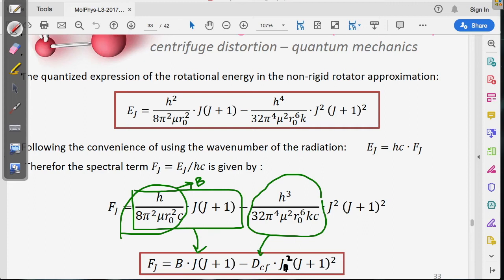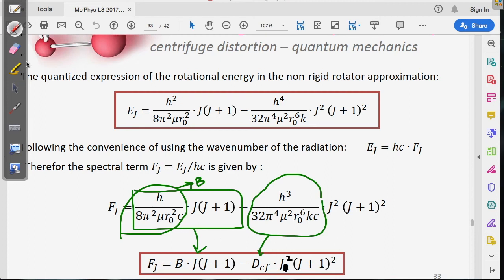So things happen as if, when we take into consideration the non-rigid rotator model, the values that we've calculated before in the rigid rotator will be shifted by a certain value due to this correction.